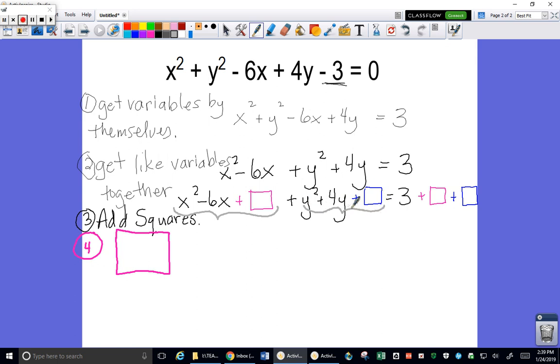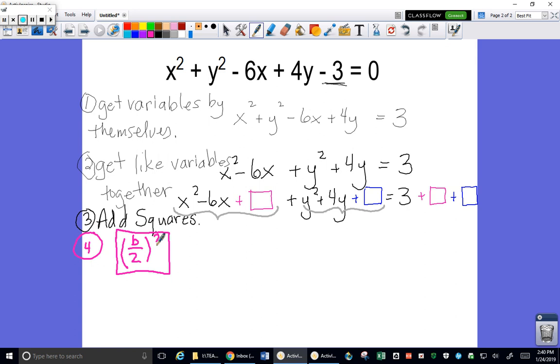Because what we're going to want to do is factor this with a special type of factorization. Now, that number that goes in there is half of your b term, so b divided by 2, quantity squared.